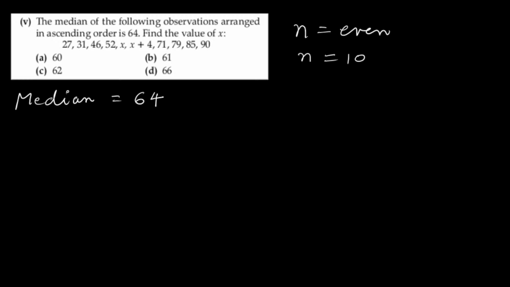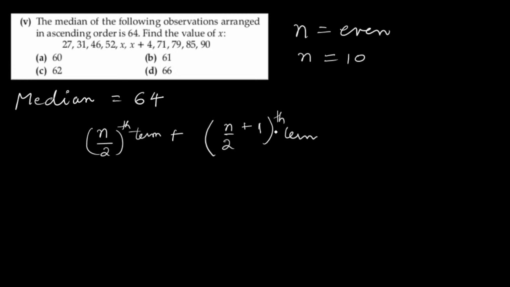For an even number of terms, how do we find the median? When the number of terms is even, we take the n by 2 term and the n by 2 plus 1 term, and find their average.